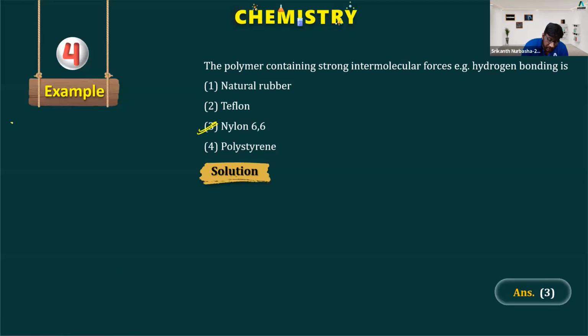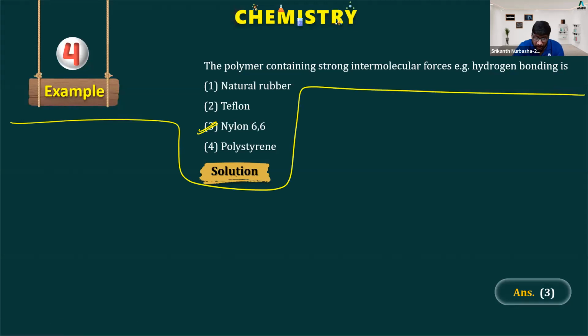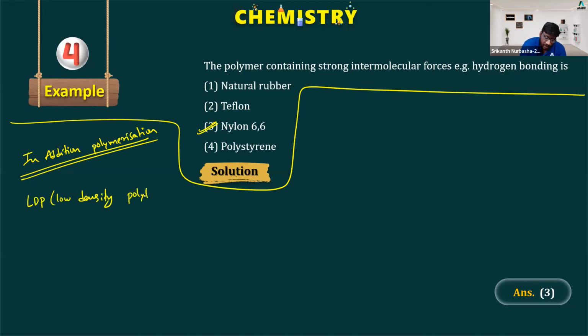One more point you need to understand is in addition polymerization reactions, like we have LDP and HDP. LDP means low density polythene. Polythene means addition polymerization reactions are going to happen.